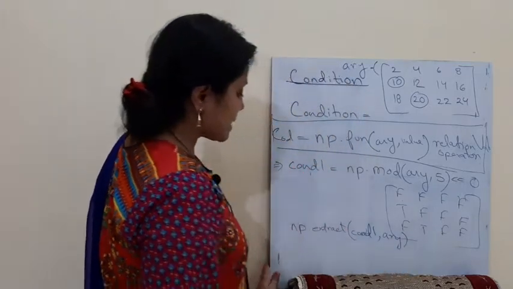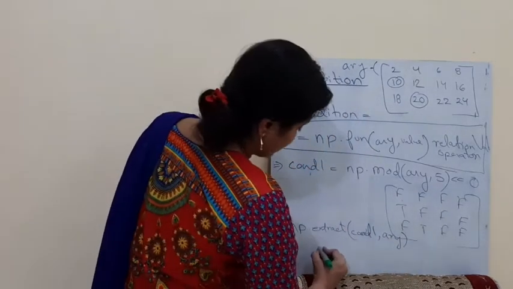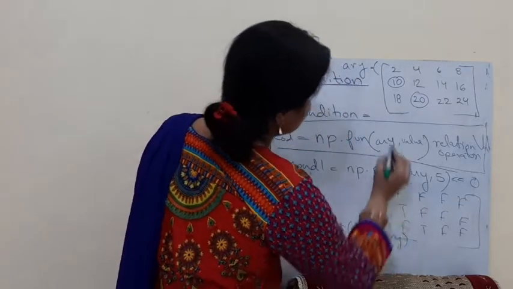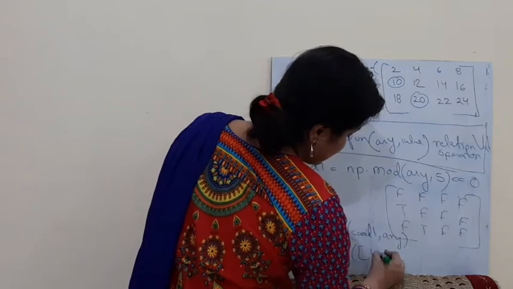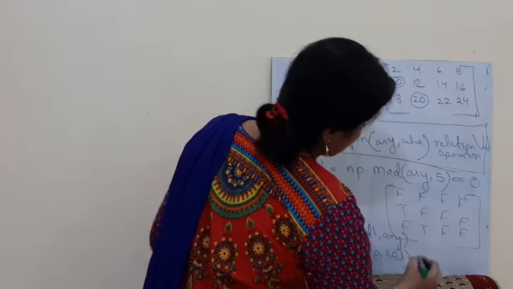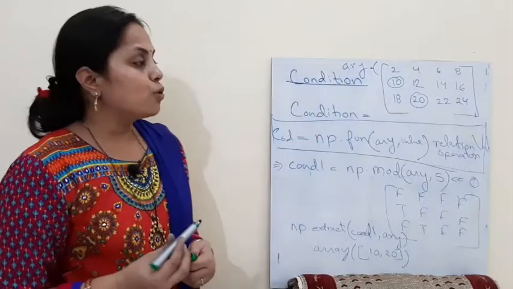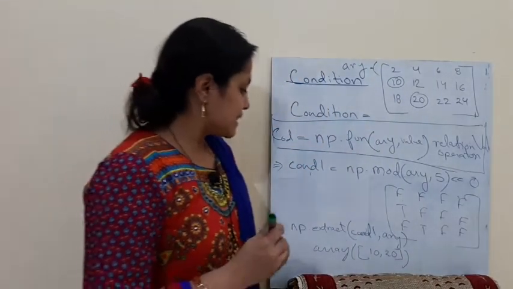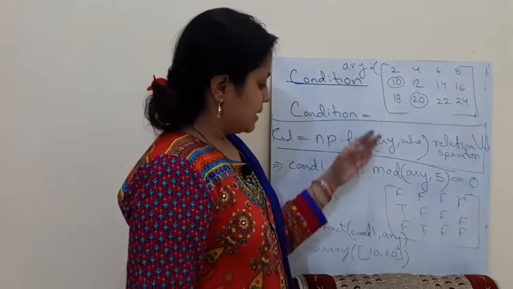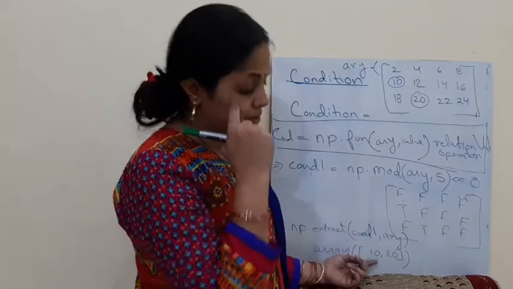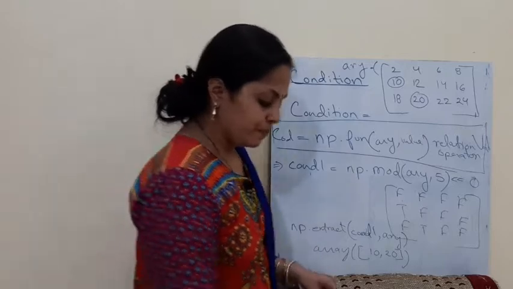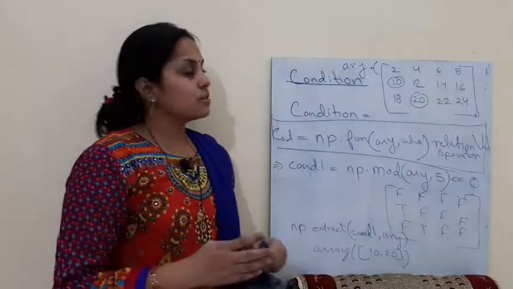The result will be an array with the values 10, 20. You have to remember one thing: the output of non-contiguous extraction is always a 1D array. It extracts only the elements where the condition is true. I hope non-contiguous extraction is clear to all.